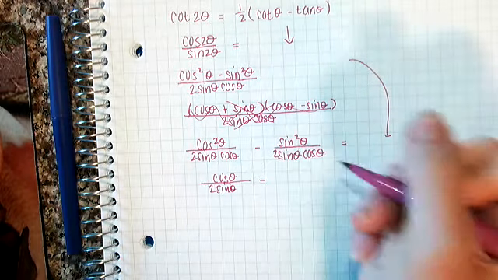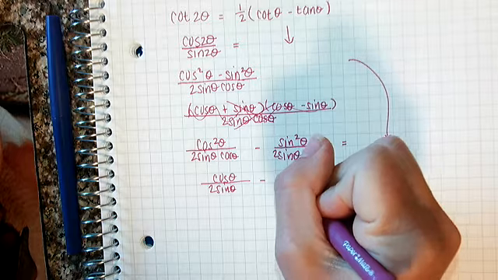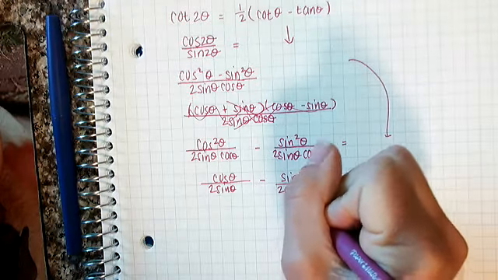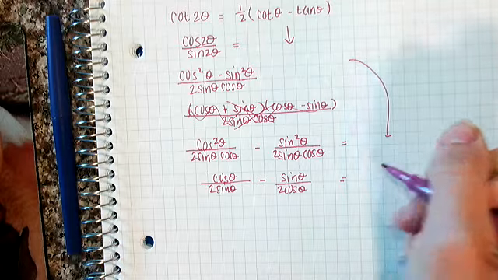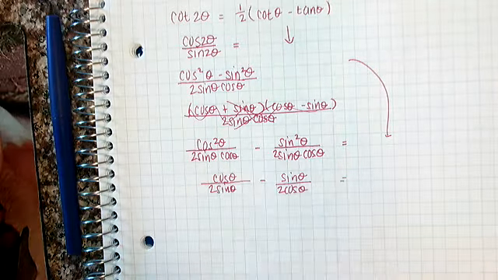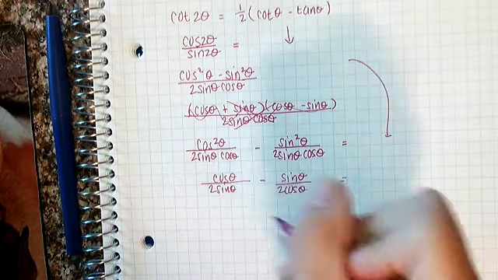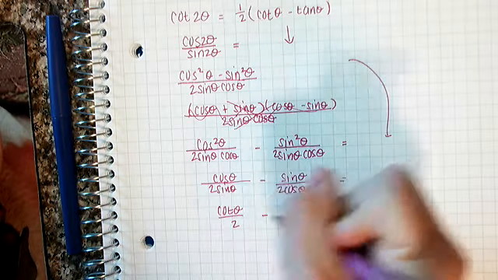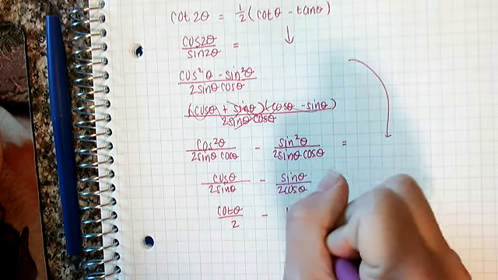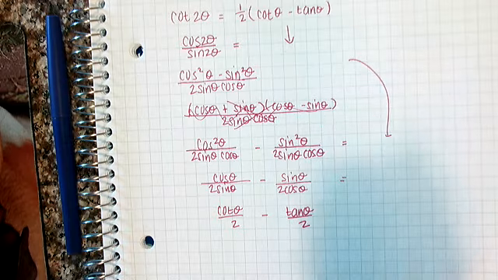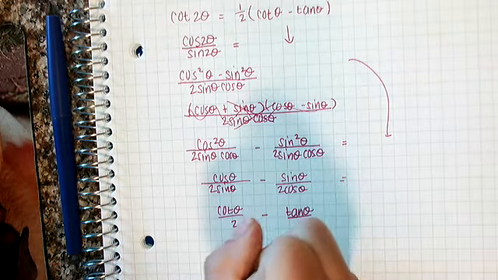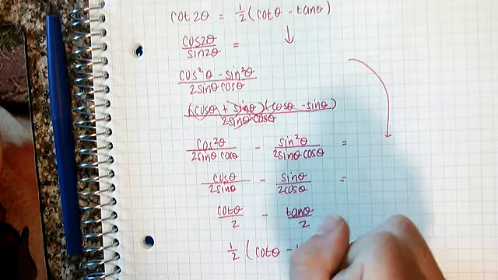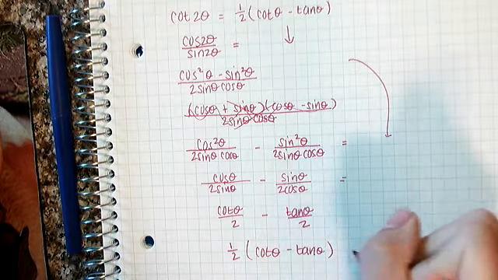There we go. And this becomes sine over 2 cosine. There we go. So this becomes cosine over sine, which I believe is cotangent. So this is cotangent over 2 minus tangent over 2, which is indeed 1/2 cotangent minus tangent.